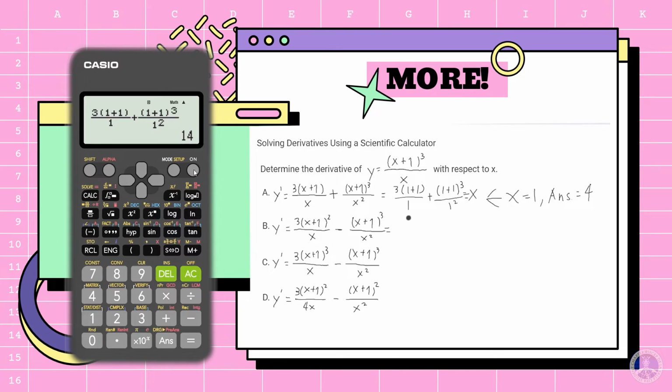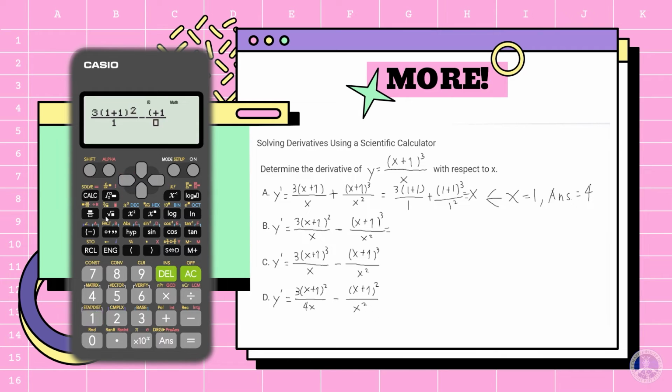Let's substitute all of the values of x here to 1. So fraction 3 times 1 plus 1 squared all over the value of 1 minus fraction again, then x plus 1.